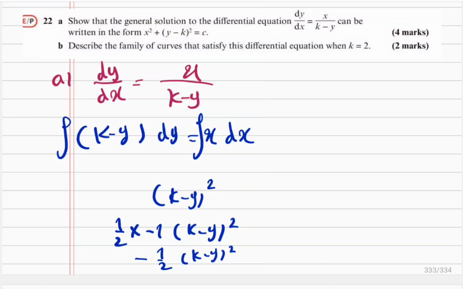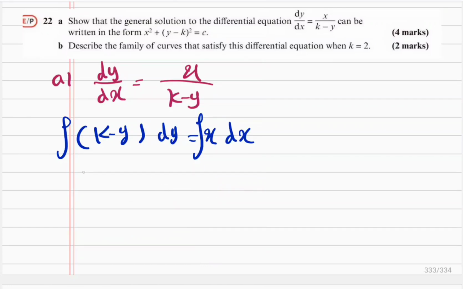When we differentiate, 2 comes down and it becomes minus 2 times (k minus y). Clearly here we don't have this minus 2 outside, so the answer is minus a half, because that minus a half cancels out with this minus 2.